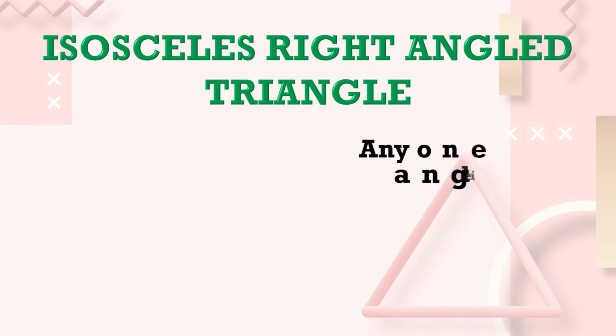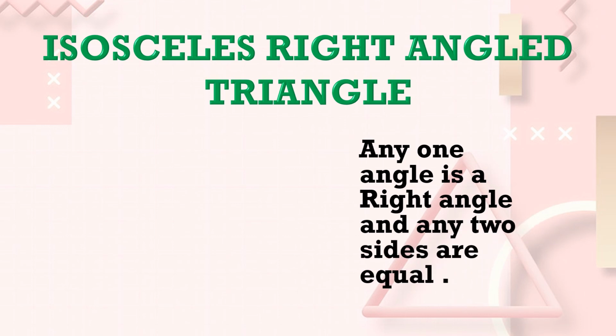So this will be a triangle in which any one angle is a right angle and any two sides are equal. Here angle M is 90 degrees, and any two sides, like these two, are equal.